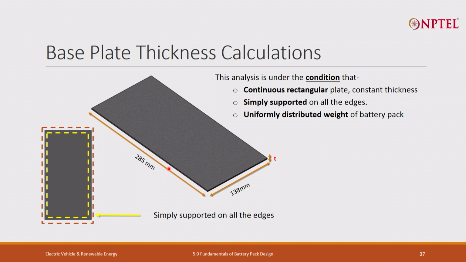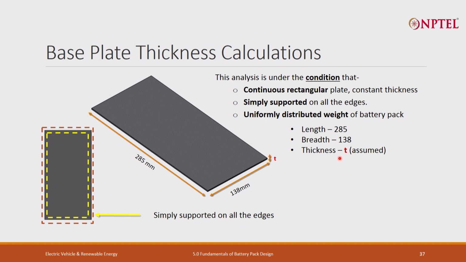So when I am putting the stack of cells together, I am assuming that the weight is uniformly distributed over the base plate. The length is 285 mm, breadth 138 mm, thickness we don't know, we need to find out.